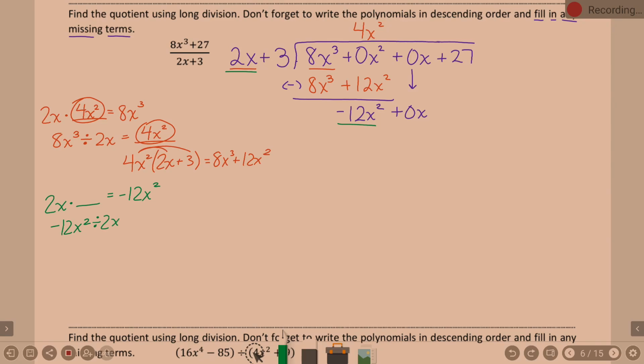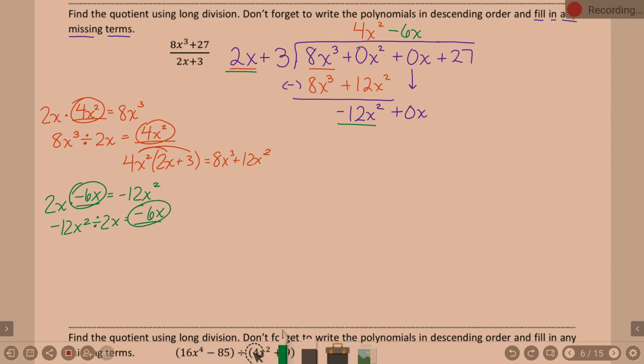What are you guys using? Negative 6x. Next open spot. Also happens to be above its like term, yes? Do you see why I have the 0 placeholders now? It's keeping everything lined up and organized.